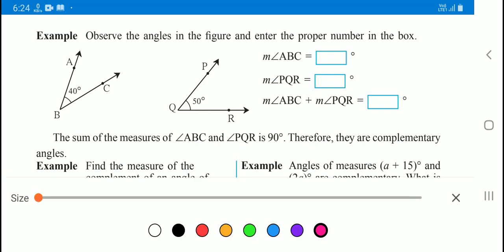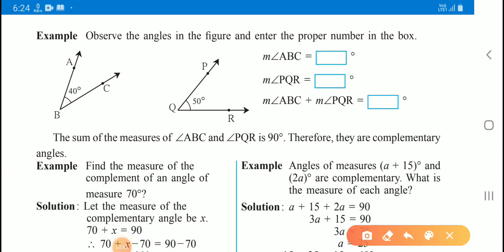Look here, they have given the measure in the example. Observe the angles in the figure and enter the proper number in the box. Now what is the measure of angle ABC? This measure is 40 degrees. Then the measure of angle PQR is 50 degrees.